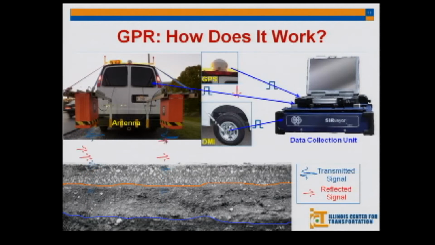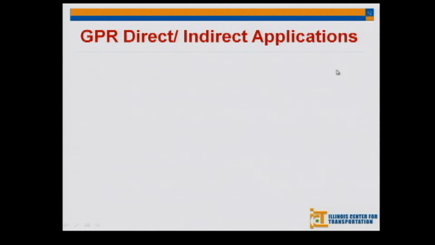When it gets to the ground, some of it will penetrate inside the pavement, and others will be reflected from the surface. It keeps penetrating, and it will lose some power as it penetrates until it reaches another surface which has a different dielectric constant. Then some will penetrate and some will be reflected, and it will continue. After that, it will go back into the system, and in the system here, you will see some figures that we're going to go through in a minute.